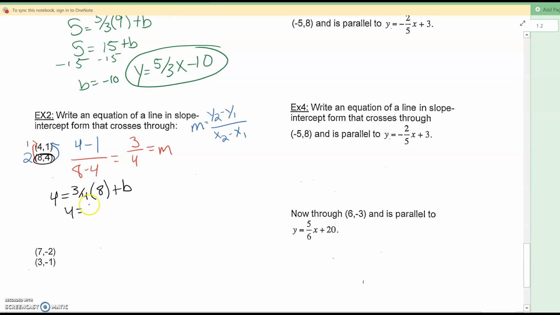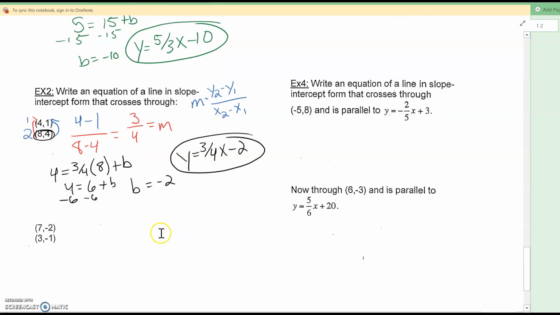Multiply. That would be 6 plus b. Subtract 6. b equals -2. And then you get y equals 3/4 x minus 2 for that. All right. Go ahead and do the next one.